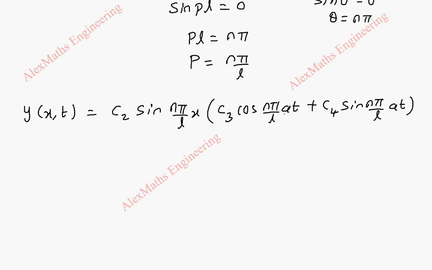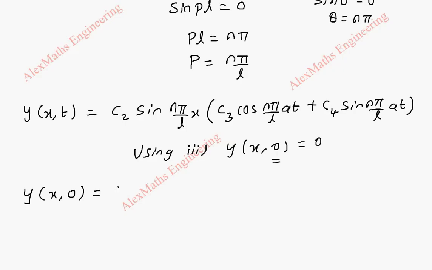Now we are going to use the third condition. The third condition is y(x, 0) = 0. Wherever t is there, we have to put 0. So y(x, 0) equals c2 sin(n pi x by L) into cos 0, which is 1, so only c3 is left, and sin 0 is 0.